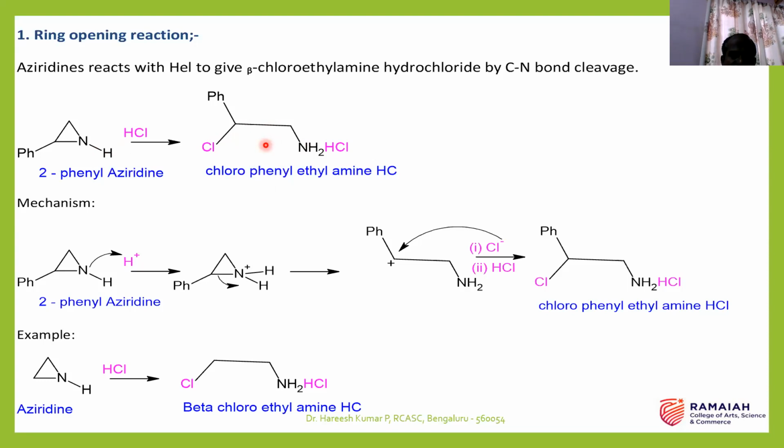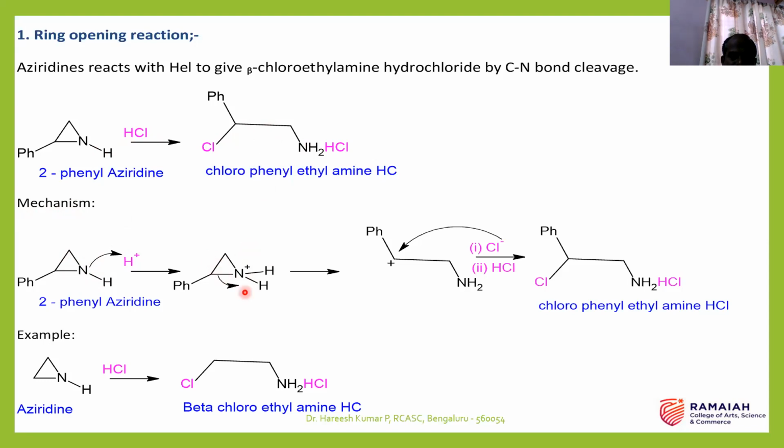If you want to look into how this particular reaction happens, you can look into the mechanism. The lone pair present on the aziridine nitrogen reacts with the proton, giving rise to protonated aziridine.